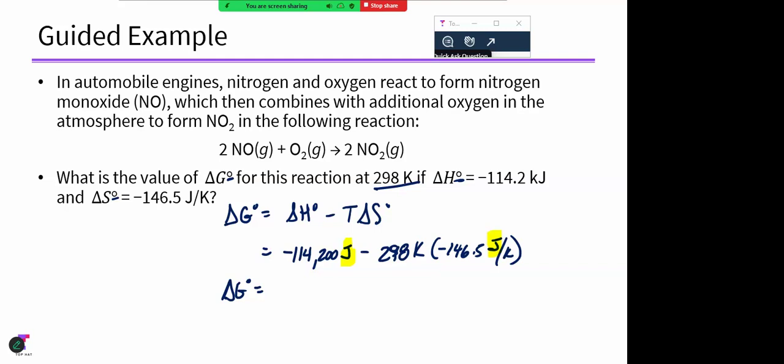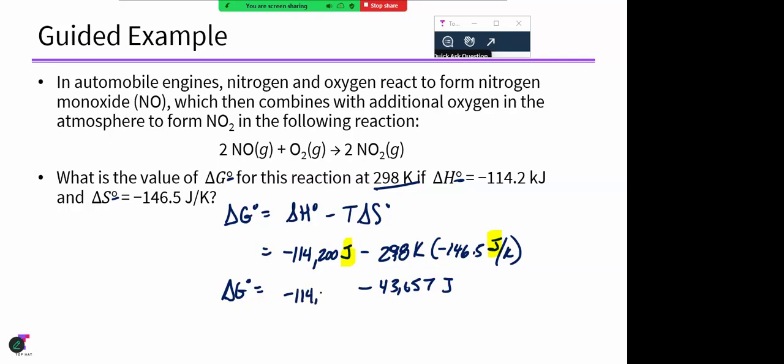But working through the calculation, 298 multiplied by 146.5 is 43,657.